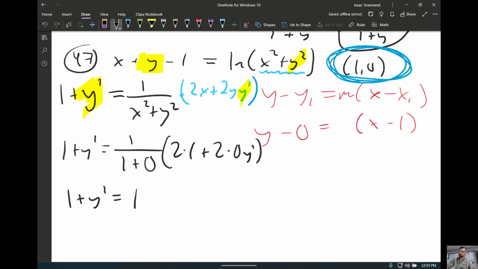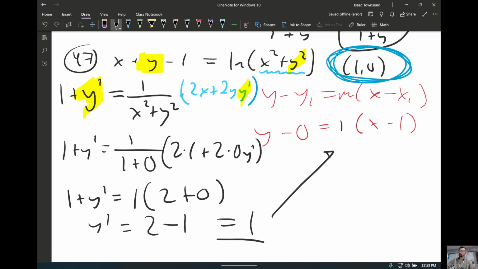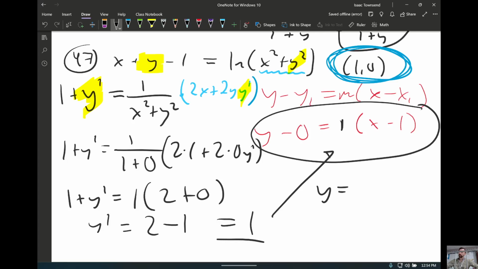This is 1 times 2 plus 0. Y prime is 2, so 1. And all of that to figure out that the slope at the point 1, 0 is 1. So that could be the equation of the tangent line. Of course, subtracting 0 doesn't do anything. Timesing by 1 doesn't do anything. So they probably wrote it like that.